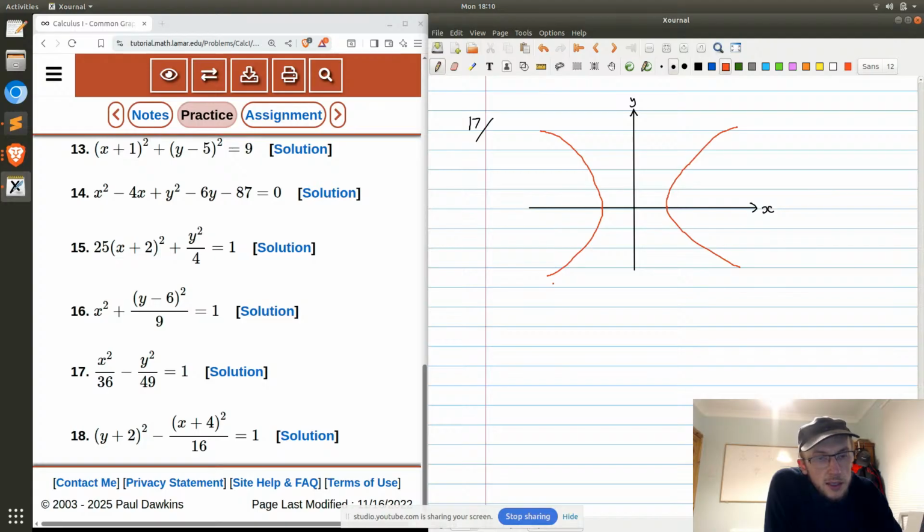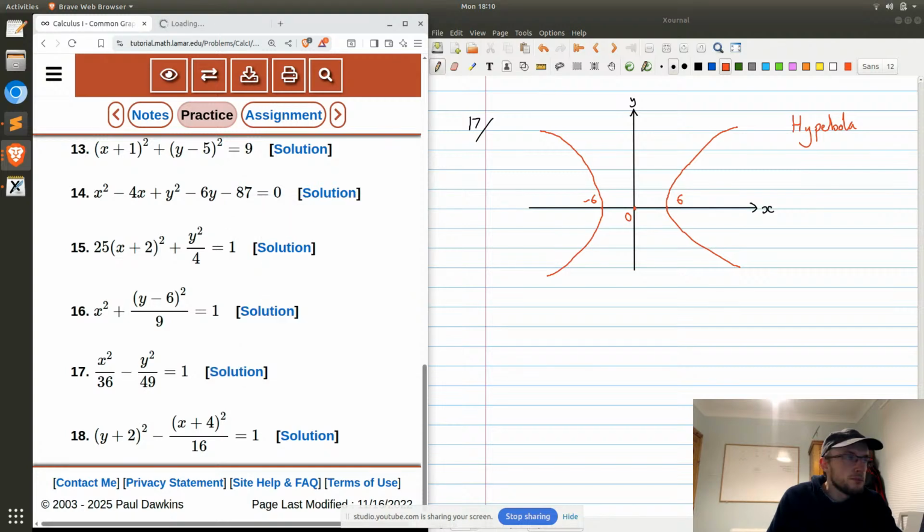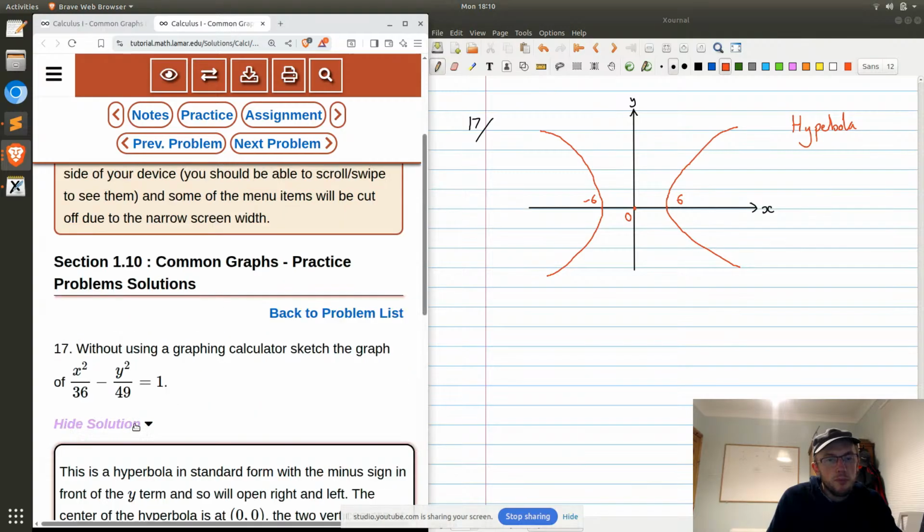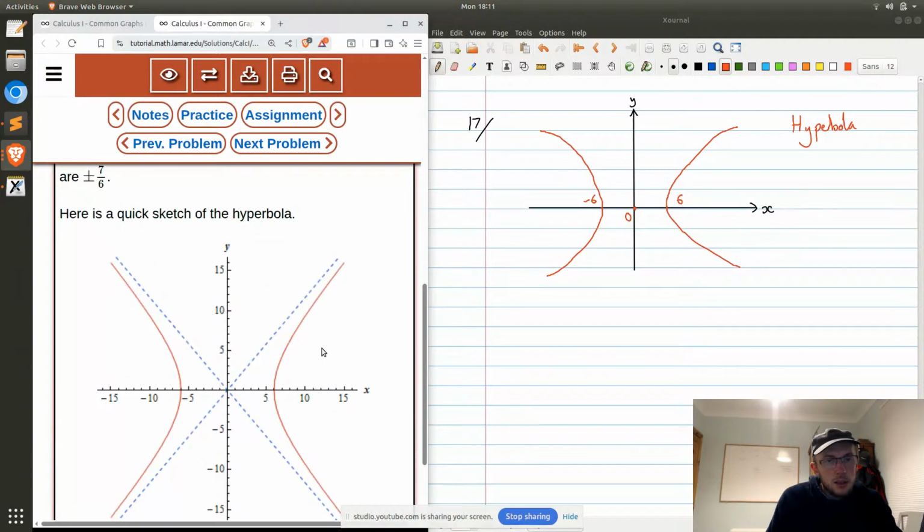Well, then we get negative y squared over 49 equals 1. So negative y squared equals 49. But in this class, no complex numbers. The origin. Hyperbola. And yeah, that's right. But what about the asymptotes?